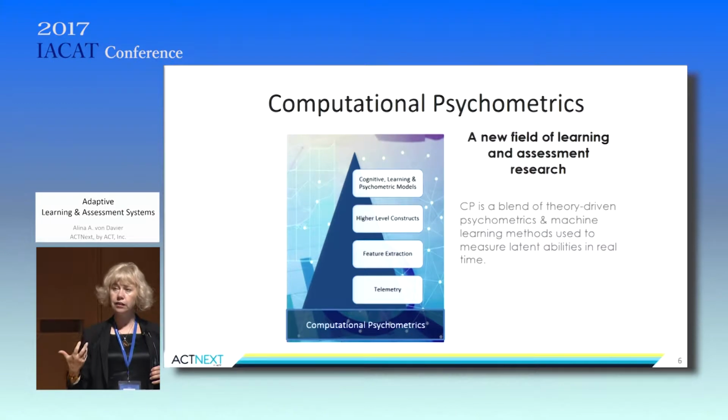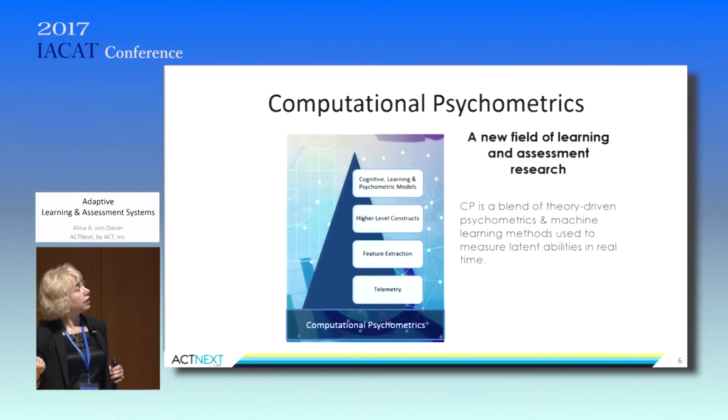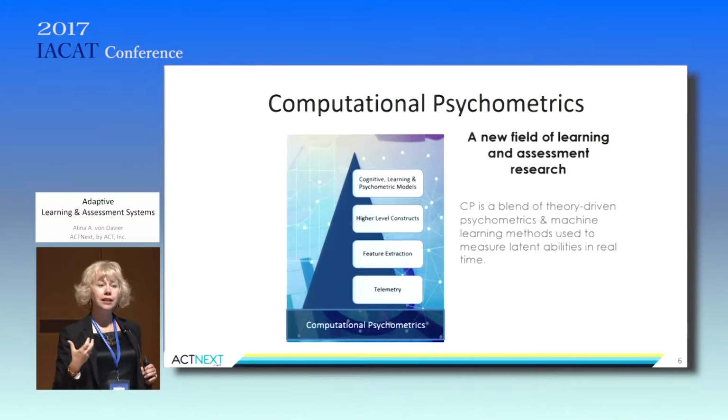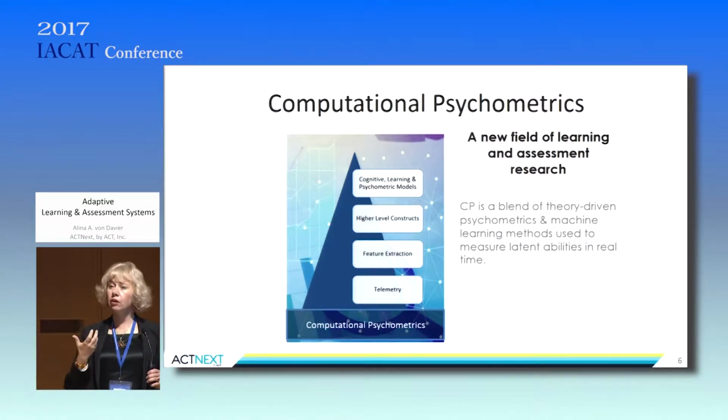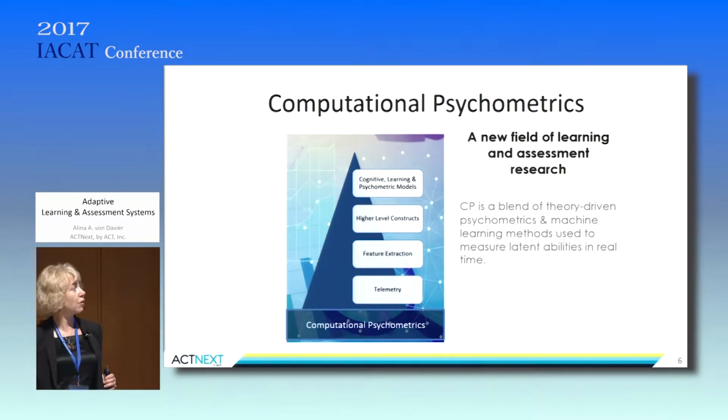We blend them with the CAT or MST algorithm for estimating the abilities, but we also use machine learning algorithms, especially for selecting the next instructional module. So this is why computational psychometrics is a framework for our thinking.